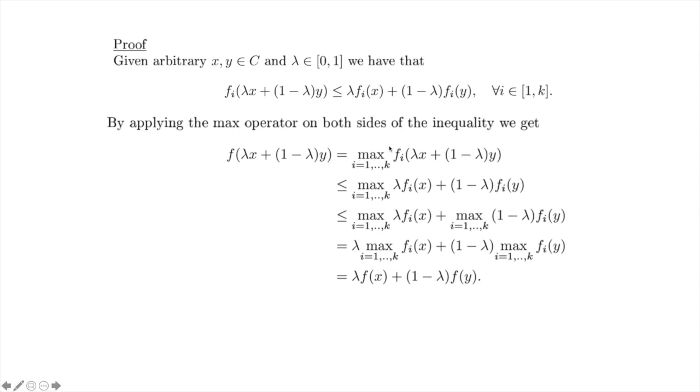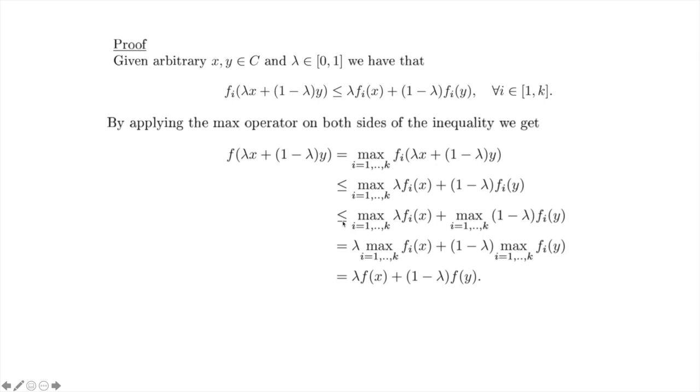By applying the max operator on both sides of the inequality, we get the definition of f, and so f of lambda x plus 1 minus lambda y is equal to the maximum over all the i's of this expression. That is smaller or equal to the maximum of lambda fi of x plus 1 minus lambda fi of y. That is true because of fi being a convex function.